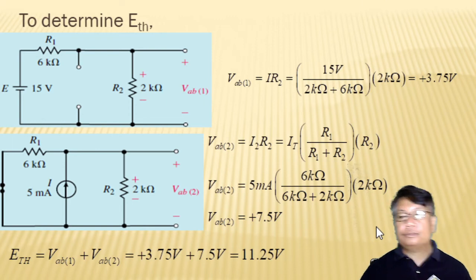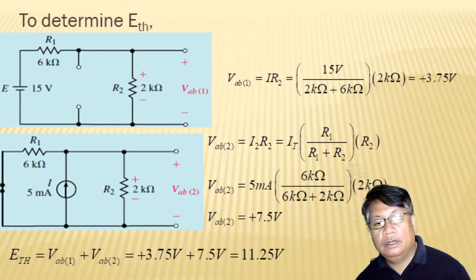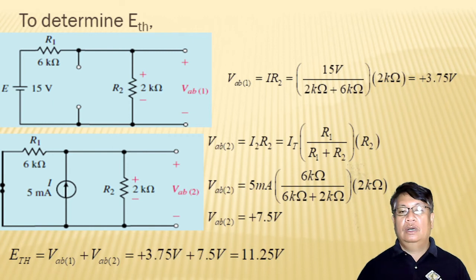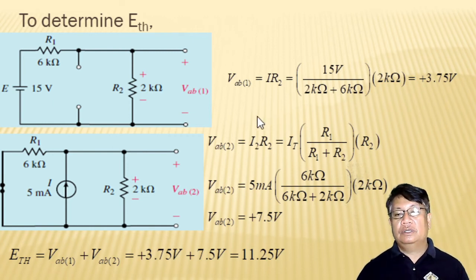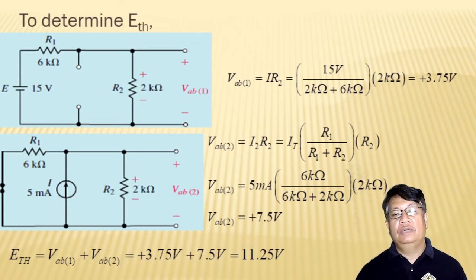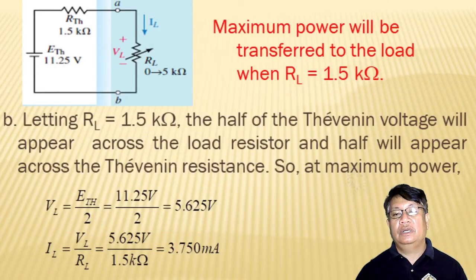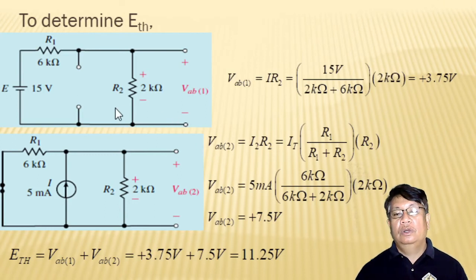Now, as you can see here, what you're going to do next is that since we have these two sources, the voltage and the current sources, you are going to solve for the Thevenin voltage, which is the terminal voltage here, the terminal voltage V sub EB.